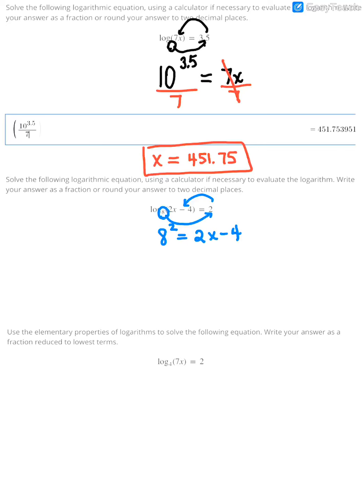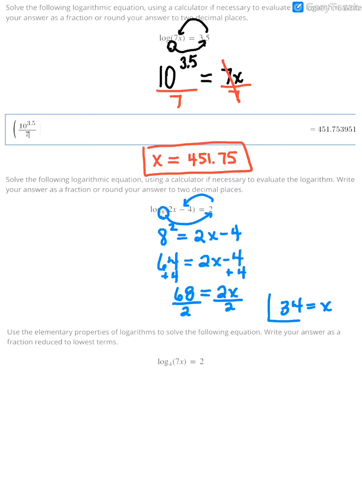If I simplify 8 squared, I get 64. I'm trying to get x by itself, so I would now add 4 to both sides. If 68 is equal to 2 times x, when I divide both sides by 2, then I'm simply left with x equals 34. And I don't need a decimal answer when I get a whole number like that.